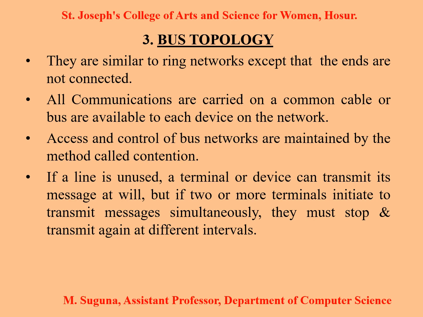The third topology is bus topology. They are similar to ring networks except that the ends are not connected. All communications are carried on a common cable or bus and are available to each device on the network. Access and control of bus networks are maintained by the method called contention. If a line is unused, a terminal or device can transmit its message at will.